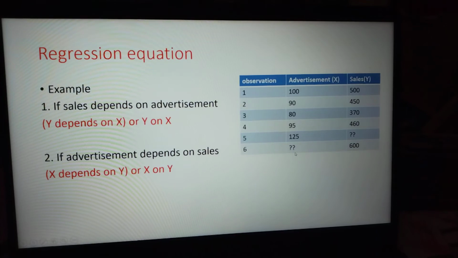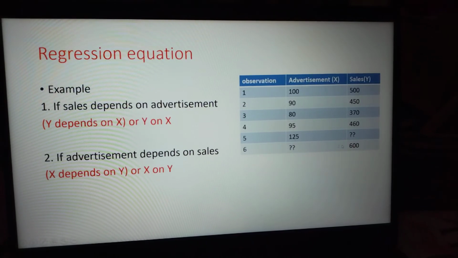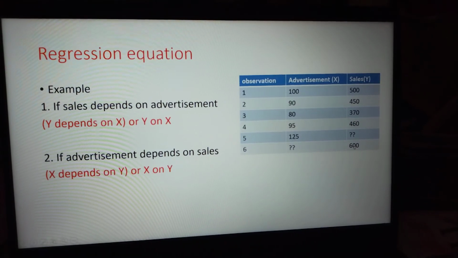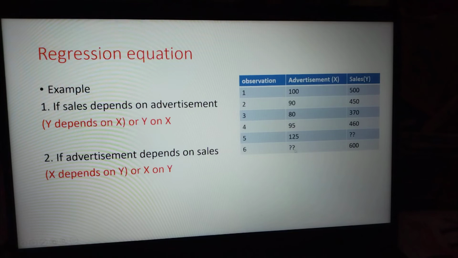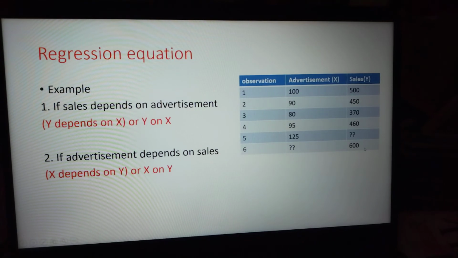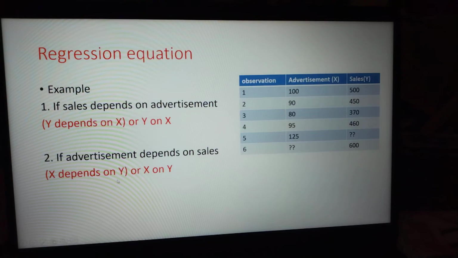In another way, if advertisement is going to depend on sales, if the company wants to make $600 million sales output, what will be the investment on advertisement? So here advertisement is going to depend on sales. So sales is the independent variable and advertisement is the dependent variable. In that case, we have to find the equation in terms of x depends on y.